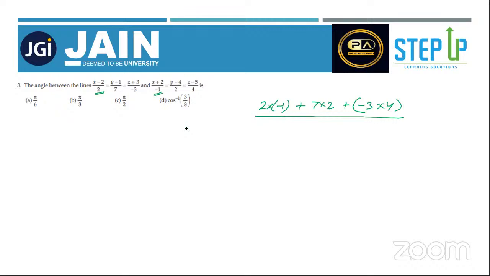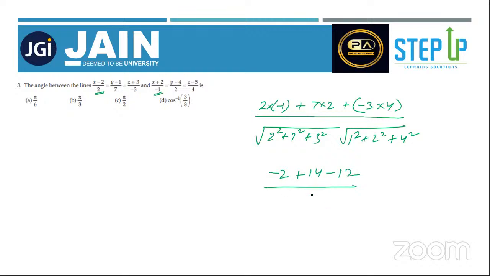whole divided by the square root of 2 square plus 7 square plus 3 square into 1 square plus 2 square plus 4 square. So how much are we getting? Minus 2 plus 14 minus 12, whole divided by whatever.